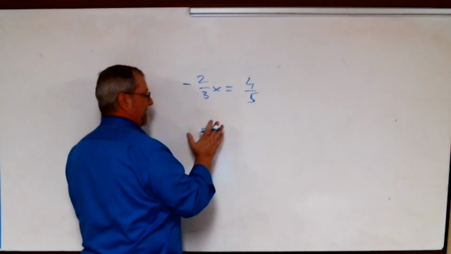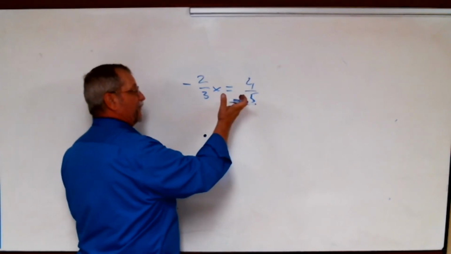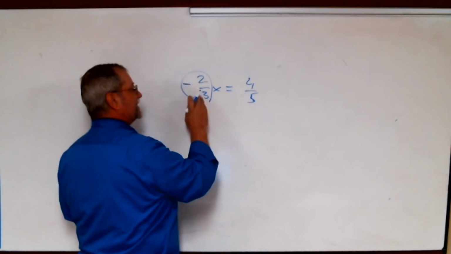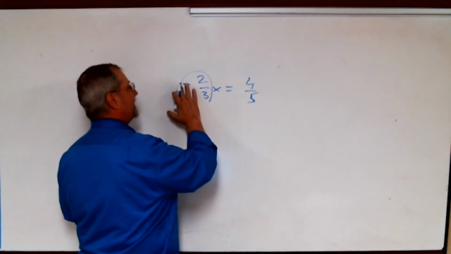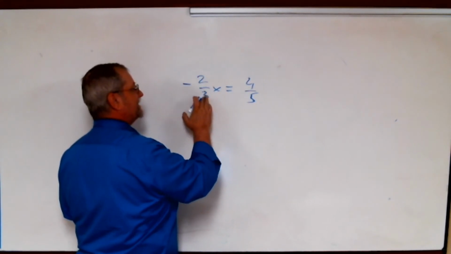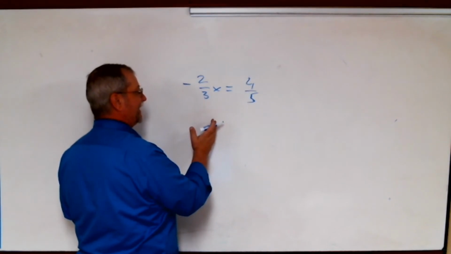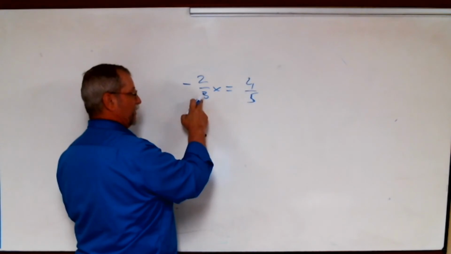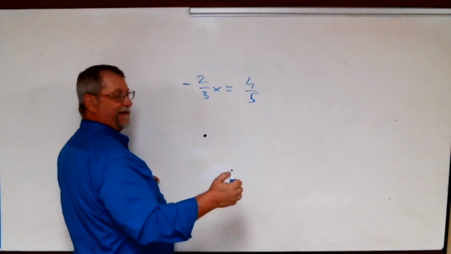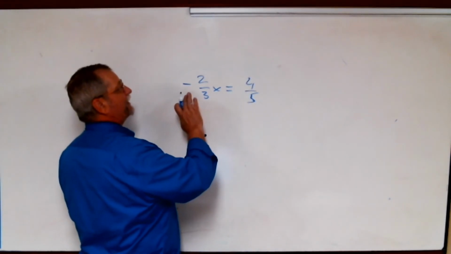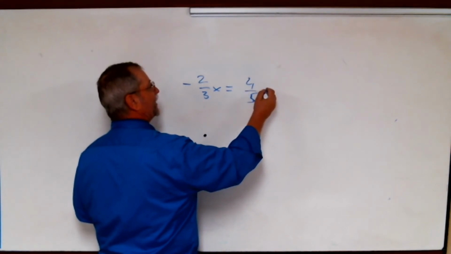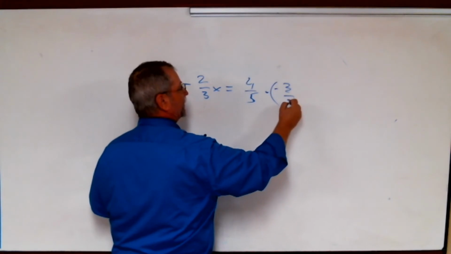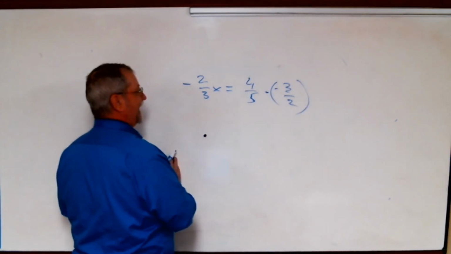Way too many people invert this. I want to get rid of this number right here. This is what's with the x. So since it's multiplication, I'm going to divide by negative 2/3. When you divide by a fraction, you invert and multiply. So what I'm going to multiply by over here is negative 3/2. Does that make sense?